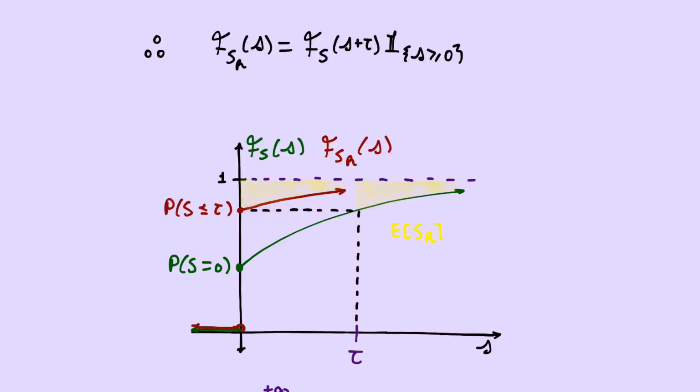The behavior of the function is the same. I tried to draw it the same, so it might not look like that, but I tried my best. So it's the same behavior here in this red curve.